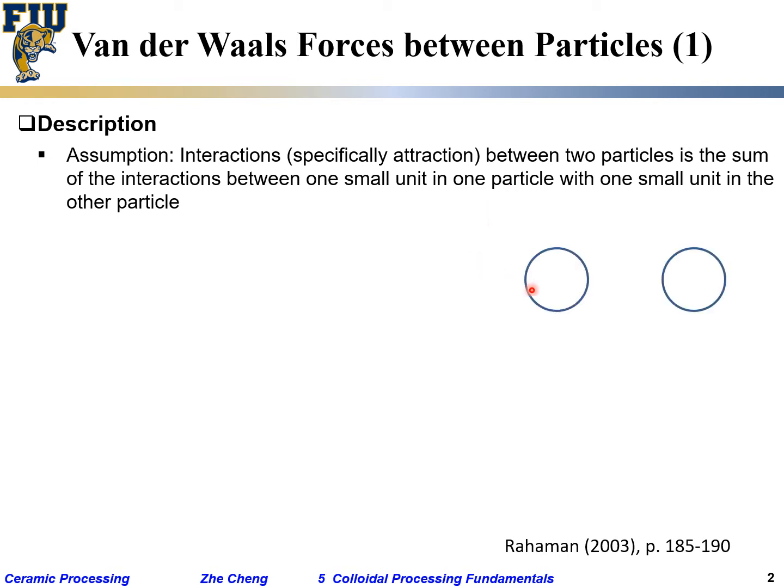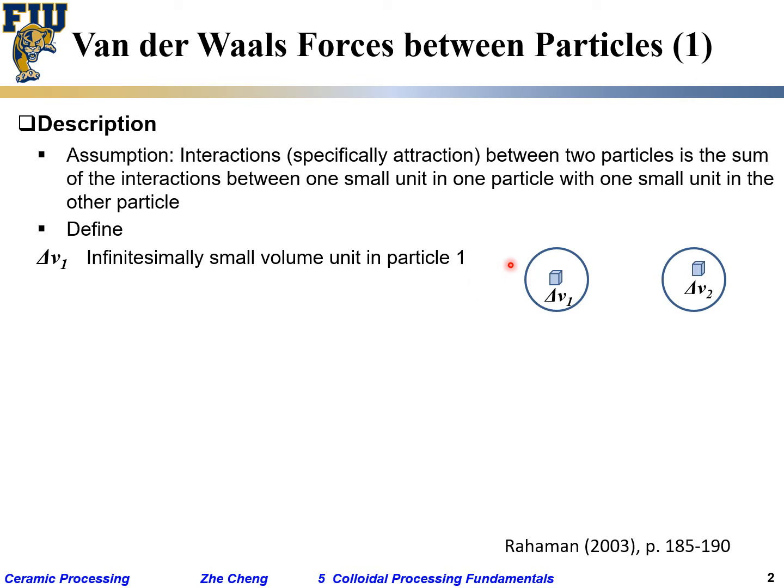As we draw here, we have particle 1 on the left, particle 2 on the right. Okay, if we define a few terms, if we have a small unit within particle 1, we call the volume delta V1, so-called infinitesimally small, very small volume unit. In particle 1, we call it V1.